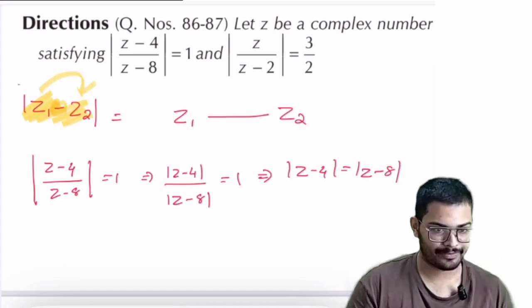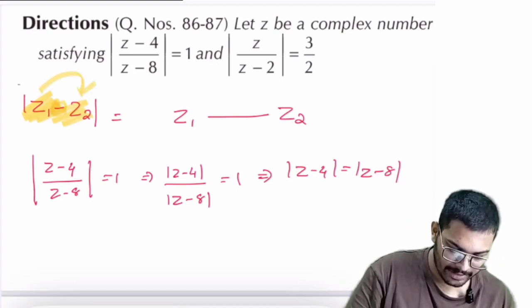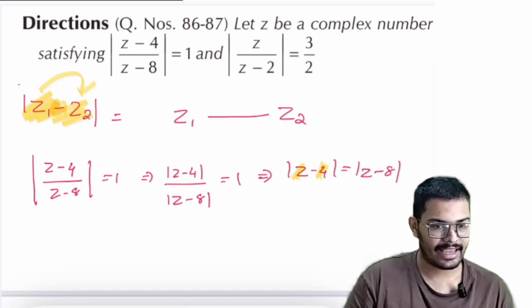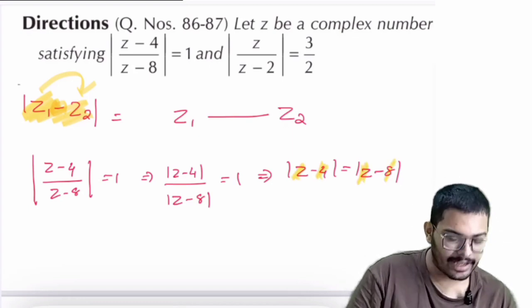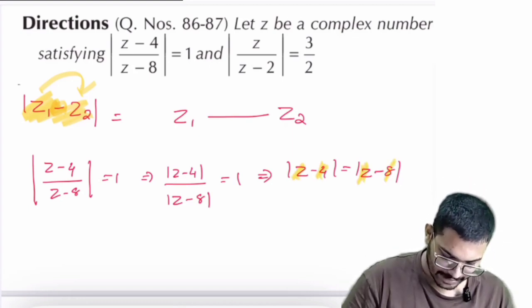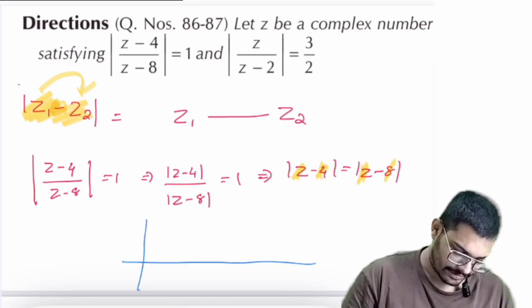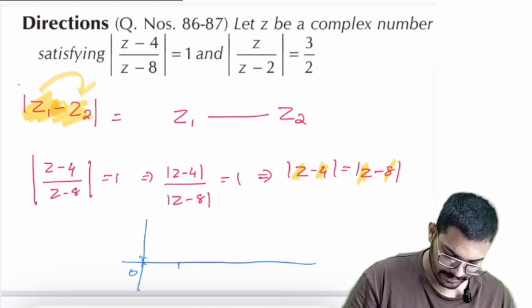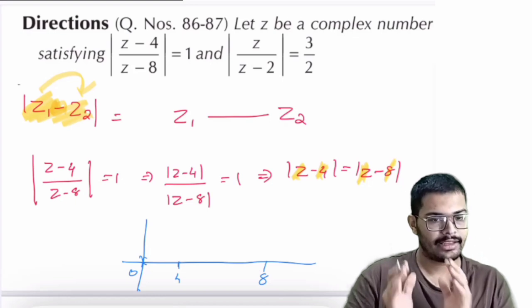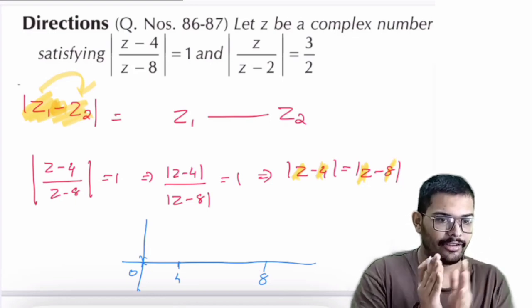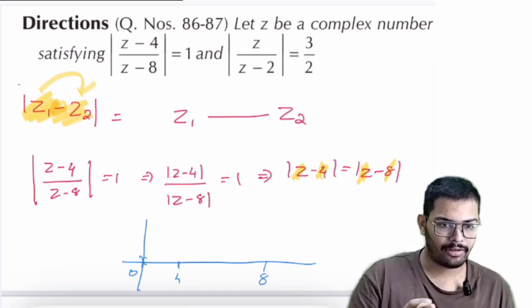Have you noticed the minus sign? Therefore, the distance between z and 4 is the same as the distance between z and 8. From this we can conclude that this is the origin, 4 is here, 8 is here, and z is equidistant from both 4 and 8.